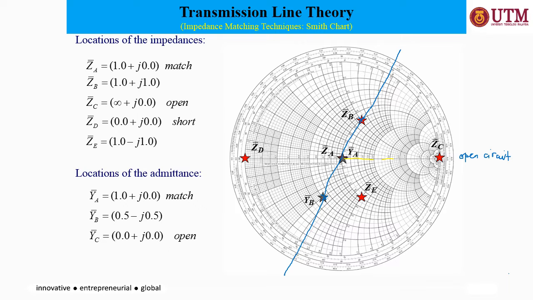For open circuit, it will be in the opposite: the load impedance is infinity, but the admittance will be 0. For short circuit, vice versa. And the other part is YE, which is in the opposite of ZE.